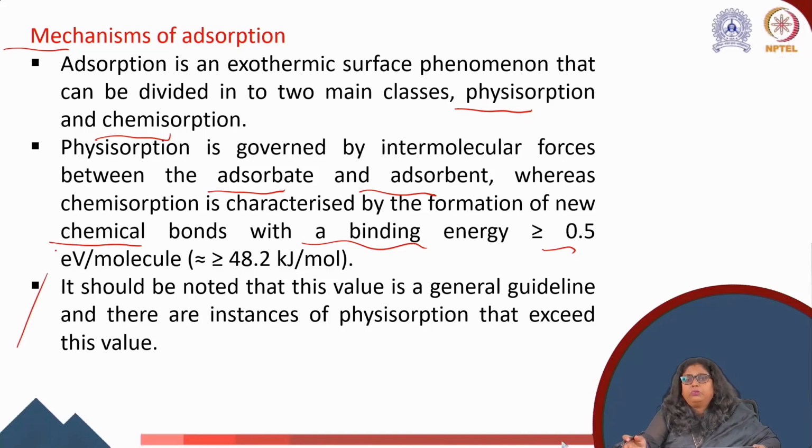It should be noted that this value is a general guideline and there are instances of physisorption that exceed this value. So in general we are talking about formation of a chemical bond with a binding energy greater than or equal to 0.5 eV per molecule or 48.2 kilojoule per mole.